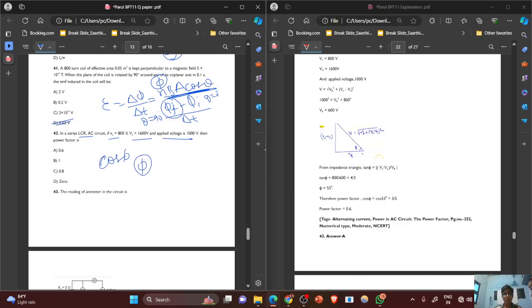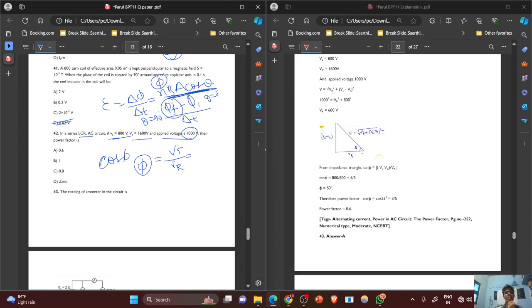Using potentials, phi is calculated from V total and VR. Here it is only an LCR circuit, and the applied voltage is given.